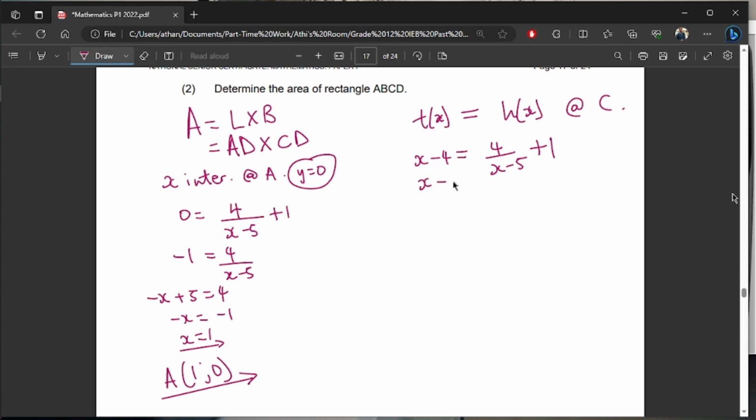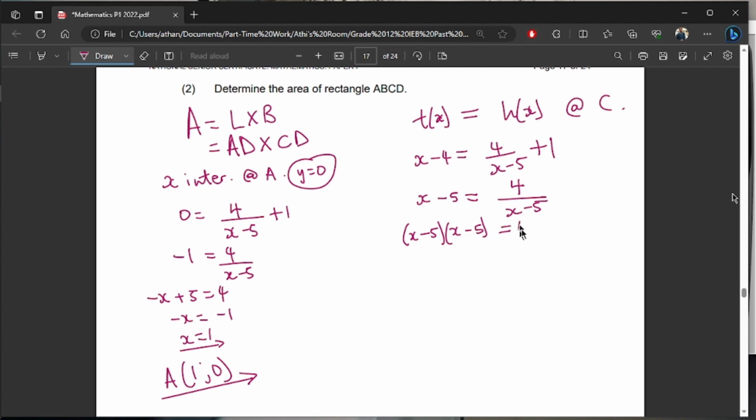Transpose the 1 to the other side. Let me write it afresh. Transpose the 1 to the other side: x minus 4 minus 1 is x minus 5, and then you have 4 over x minus 5. Then you can do your cross multiplication now.